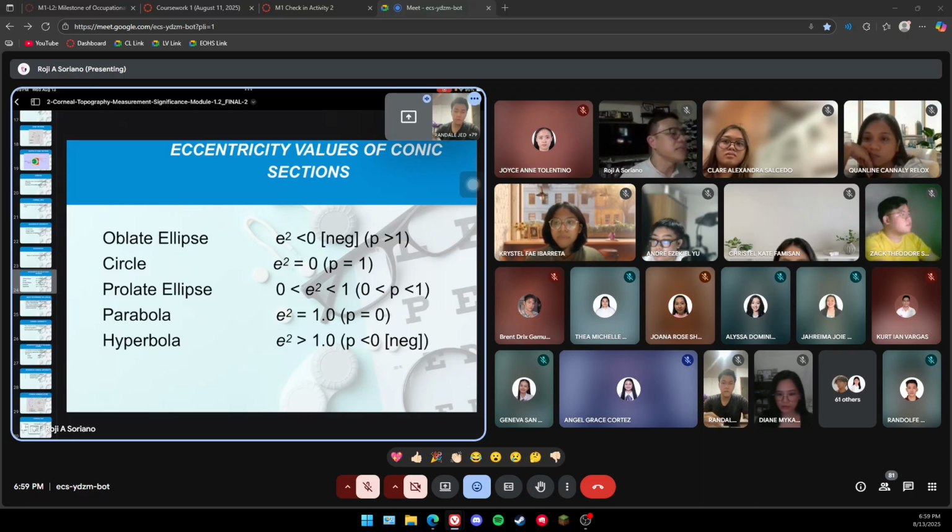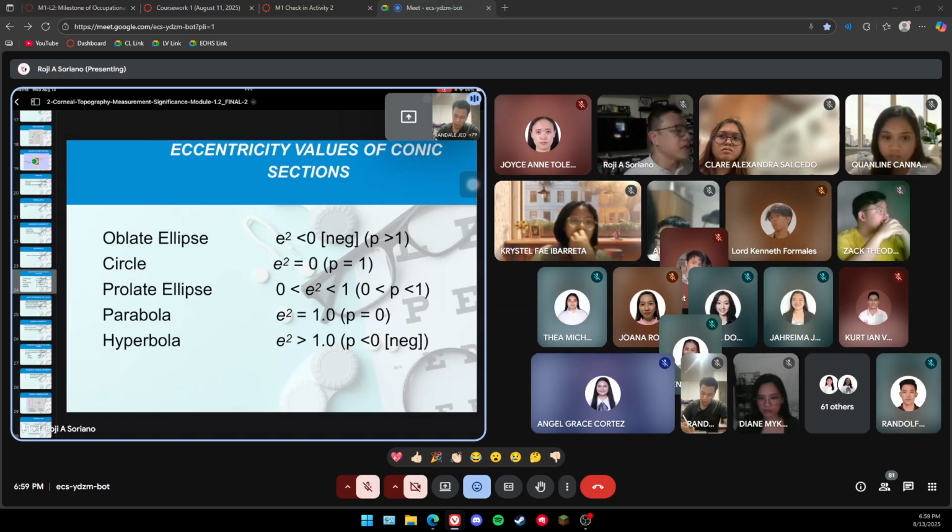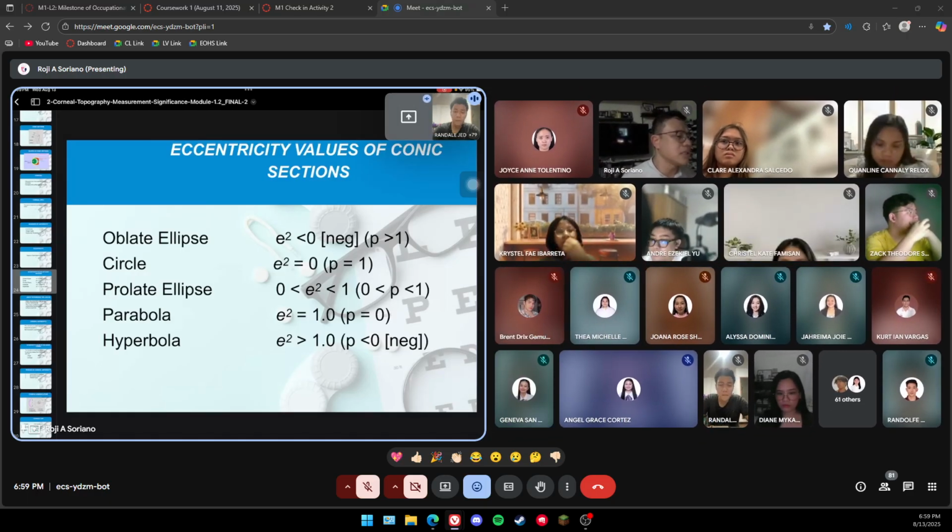Now you can see here, these are the values. Oblate, you can see that it is lesser than 0. Circle is 0. Prolate is lesser than 1. Parabola is equal to 1. Hyperbola is the one that is greater than 1.